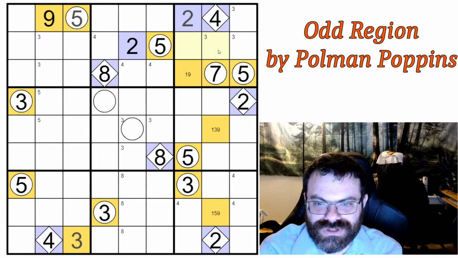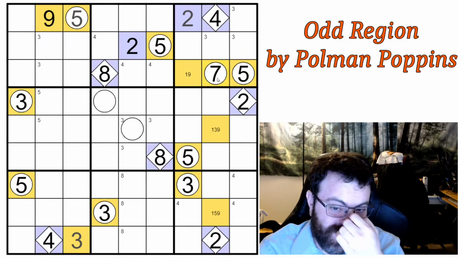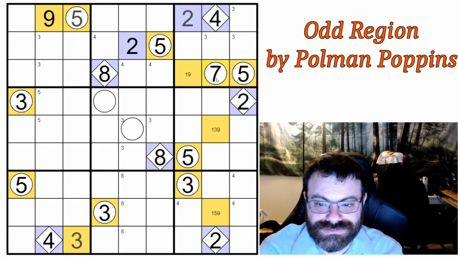We only get 2 more odds in here. We could take this corner still, it would be connected to here, and it can get out. Is it going to be difficult to fulfill this 7? 1, 2, 3, 4, 5. We could do that.